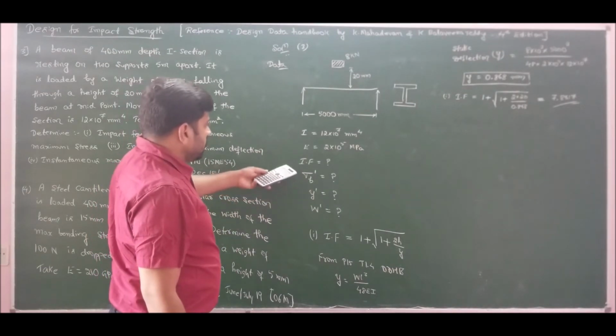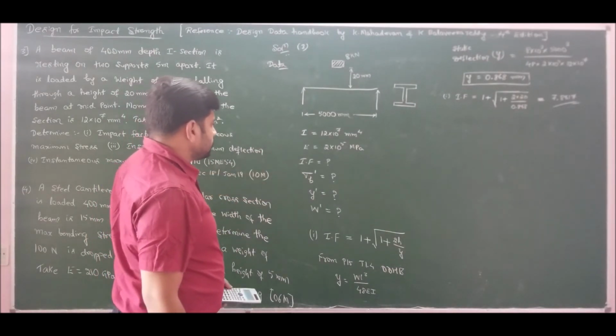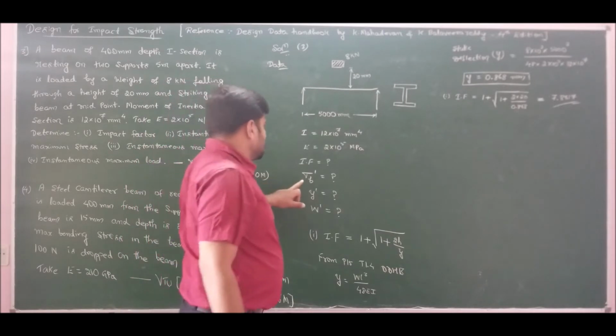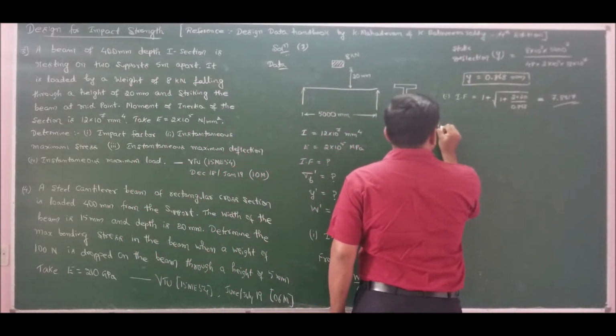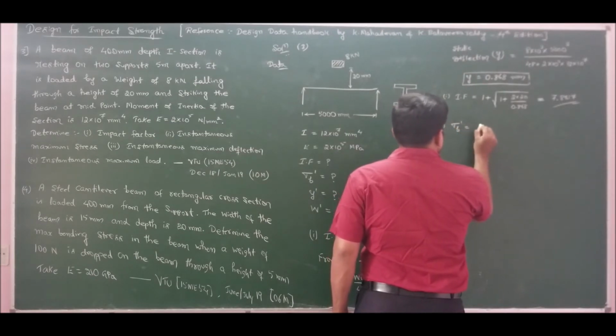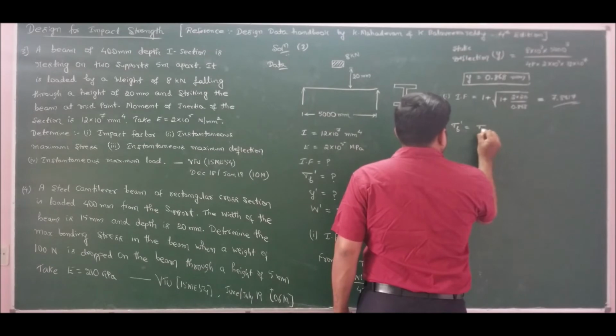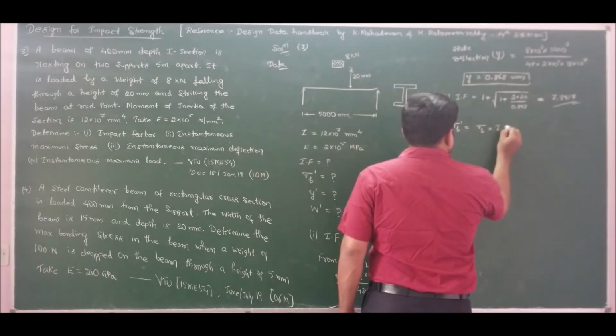Once you find out the impact factor, he is asking us to calculate the instantaneous maximum bending stress. So we know the formula for instantaneous values. Instantaneous bending stress is equal to static bending stress into impact factor.